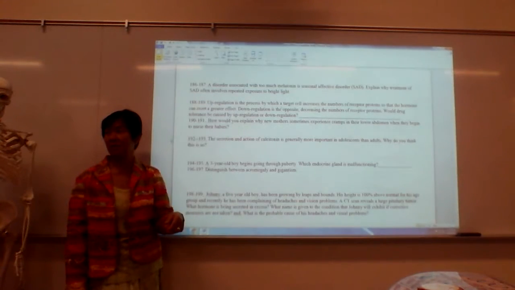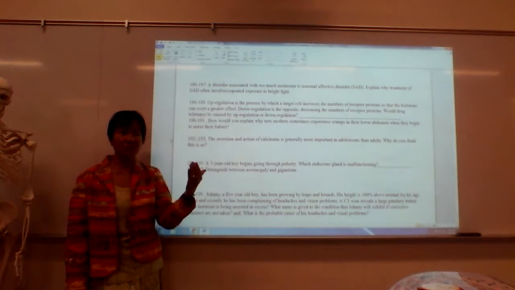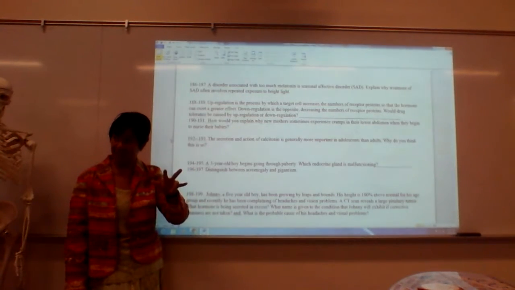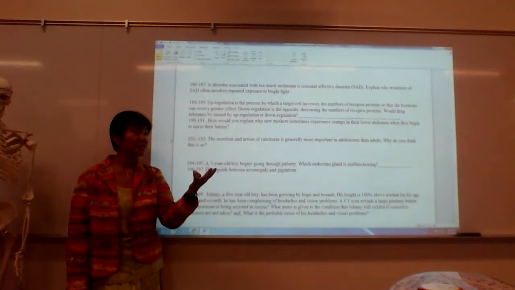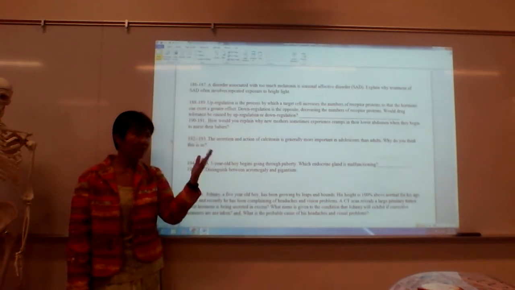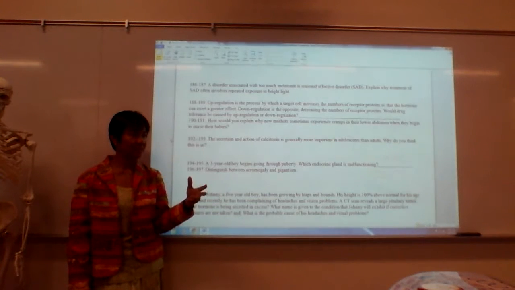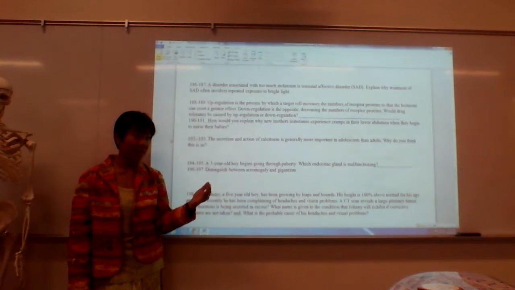You tolerate it more. Tolerance means you don't suffer the side effects. It's also that you're metabolizing more. So it's upregulation.